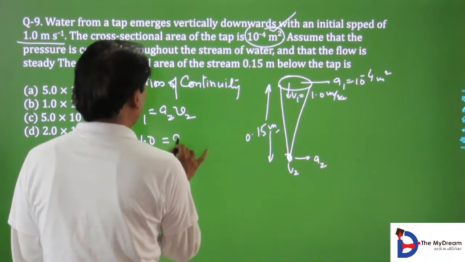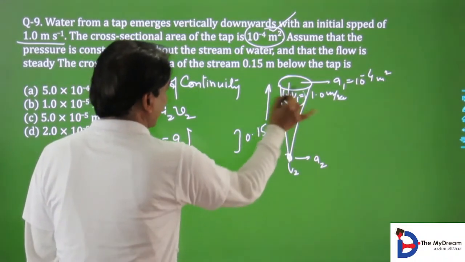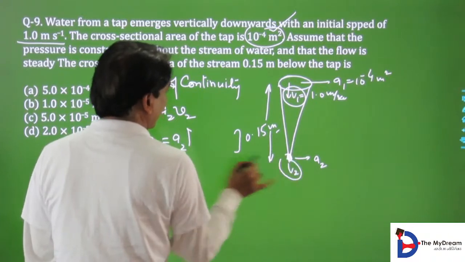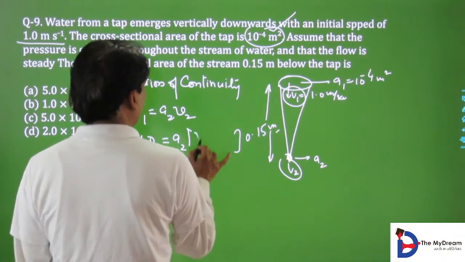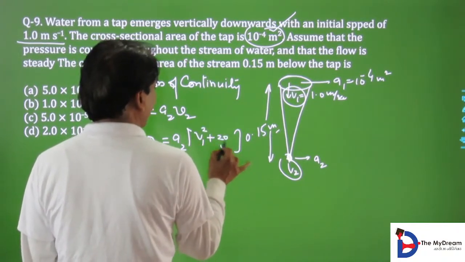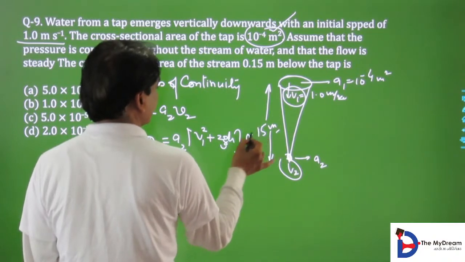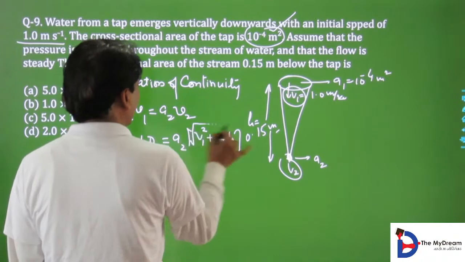A2 we want to know. This is the initial velocity, this one is the final velocity. Attaining some height, so V2 is the square root of V1 square plus 2gh.